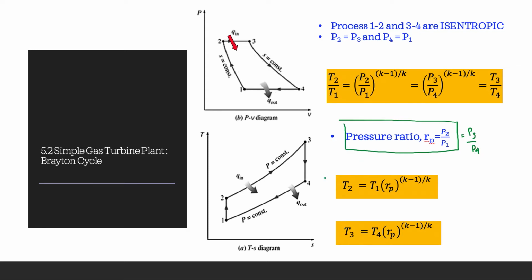Then we can simplify: T2 is equal to T1 times, with P2 over P1 replaced by Rp, to the power of K minus 1 over K. And similarly, T3 is equal to T4 times P3 over P4, replaced with the pressure ratio, so we get Rp to the power of K minus 1 over K.